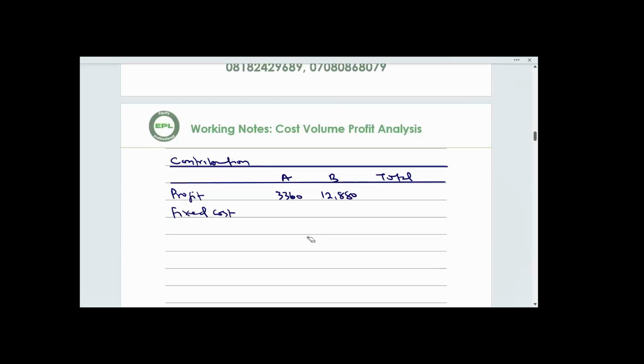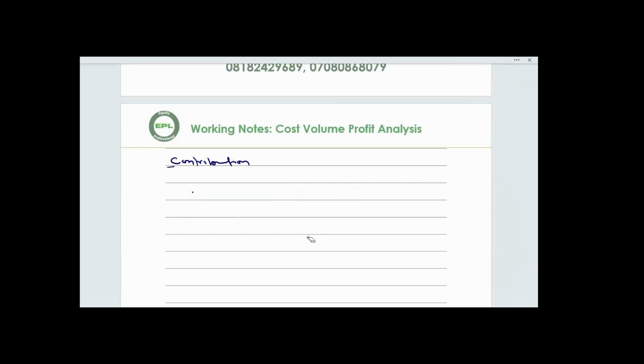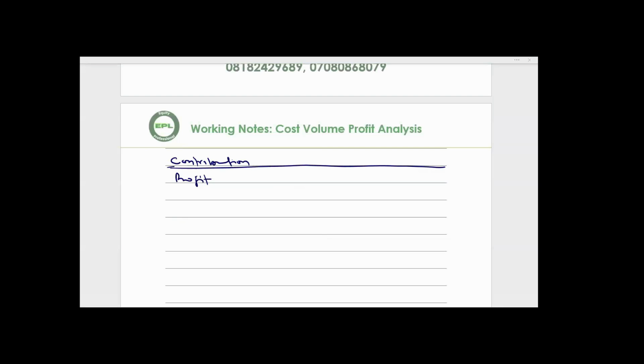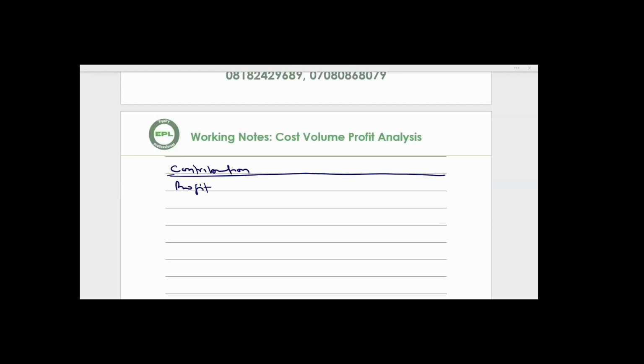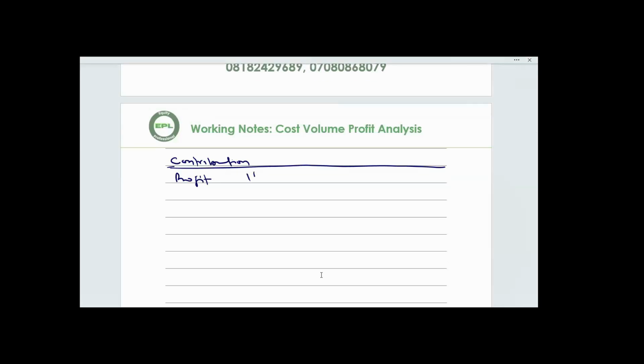I will just pick the overall profits, according to the question, which is 16,240. Then fixed cost.